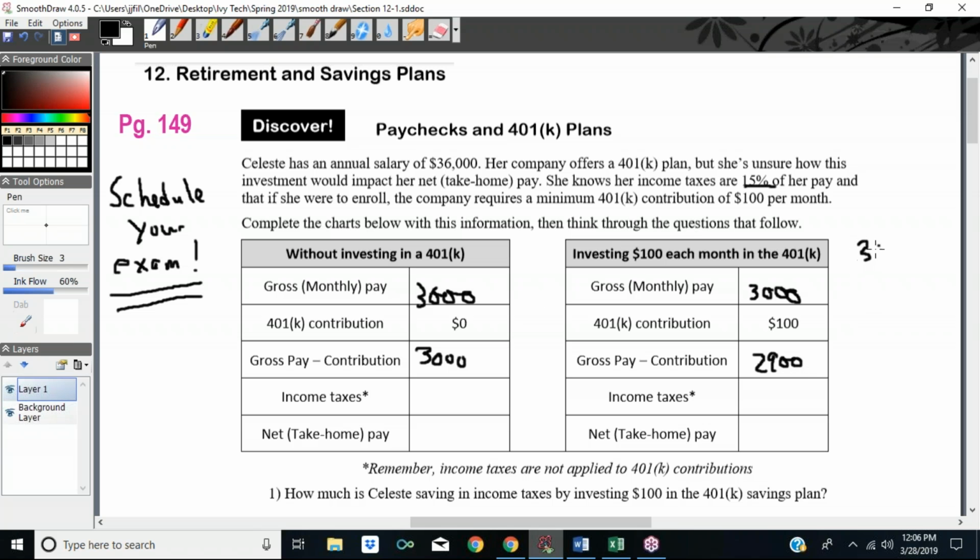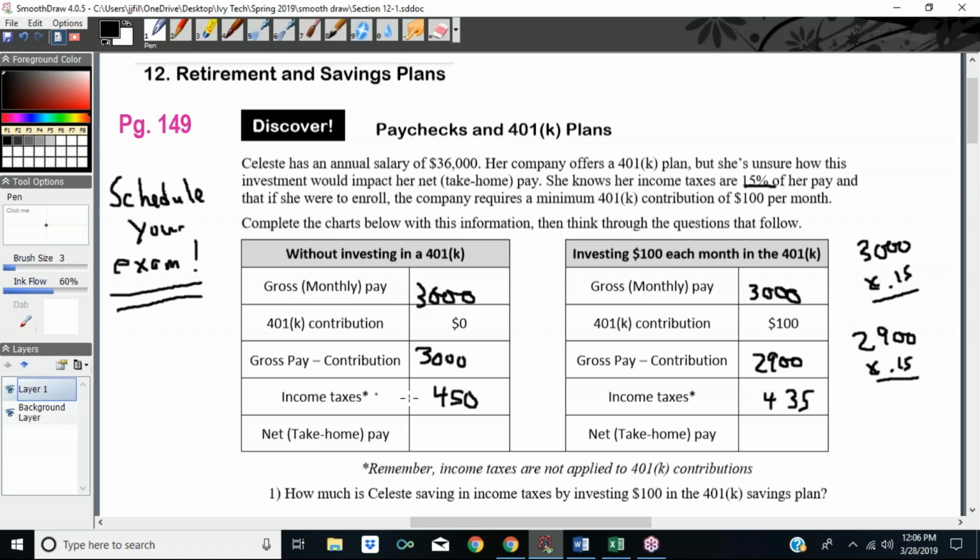So for the first one, we take 3,000 times 0.15, and that's $450 in taxes. So let's see what happens when we do 2,900 times 0.15. Looks like it's $435.